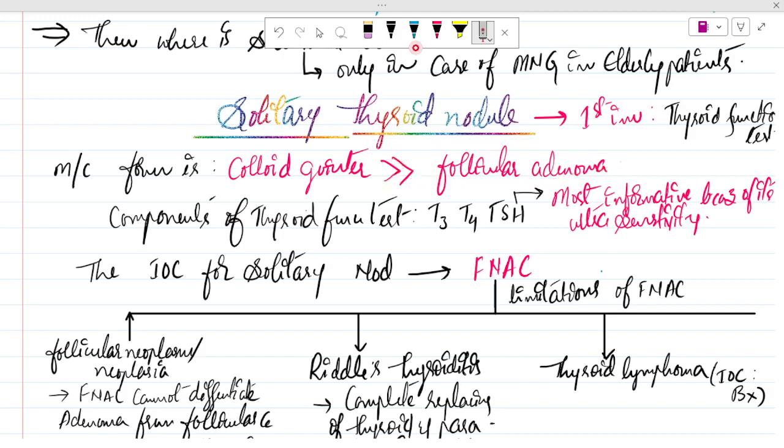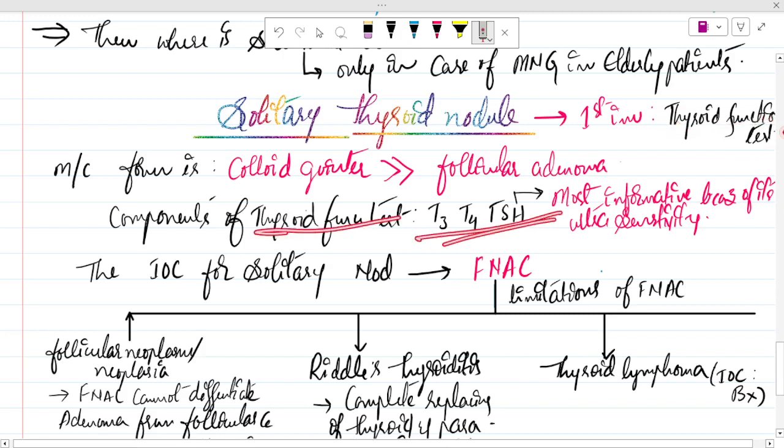Now, how will you investigate the solitary thyroid nodule? The first investigation done is thyroid function tests. The components of the thyroid function test are T3, T4, and TSH. Why is TSH the most informative?